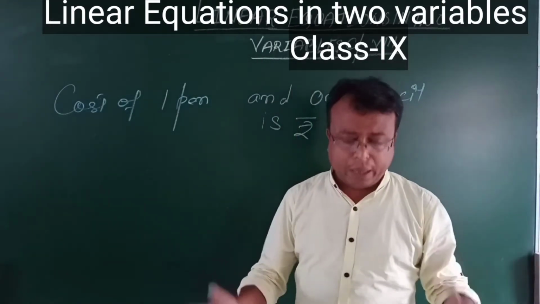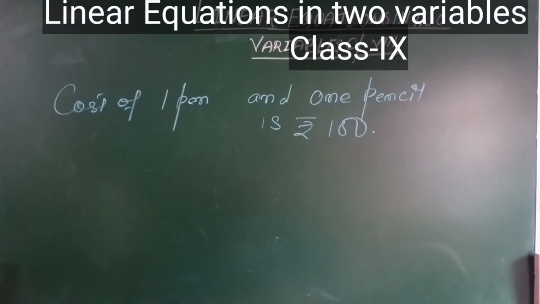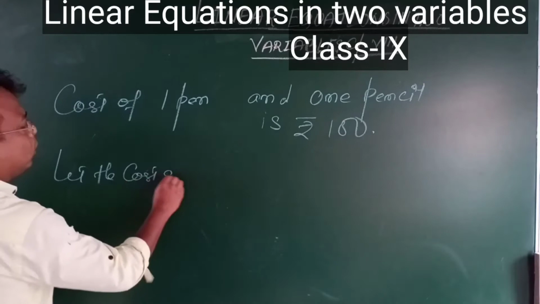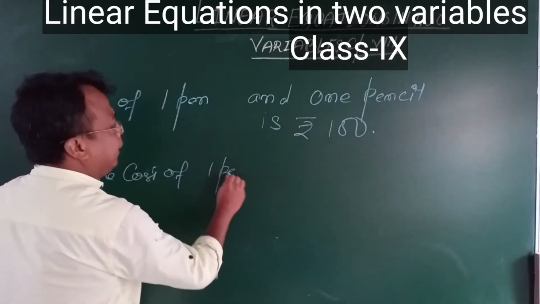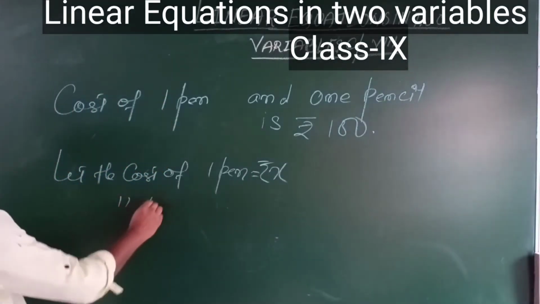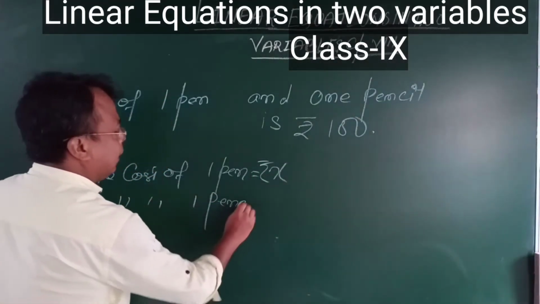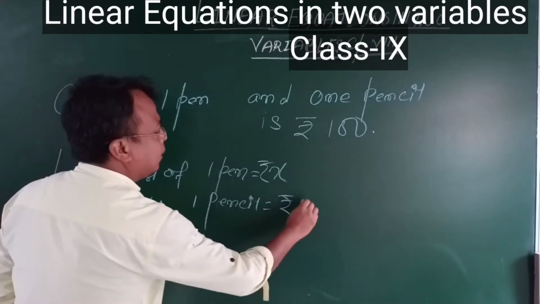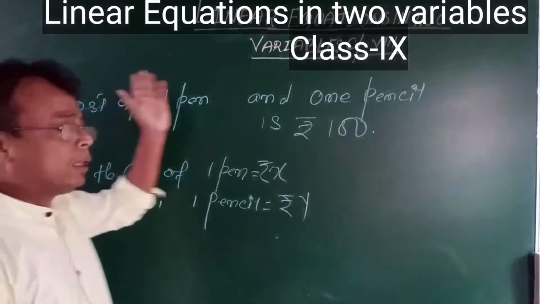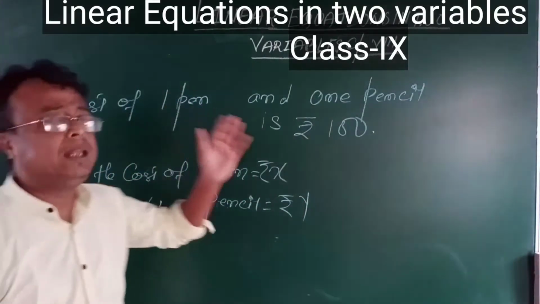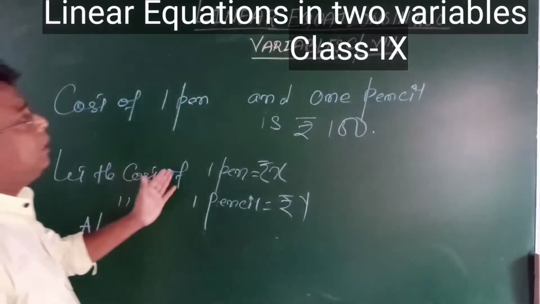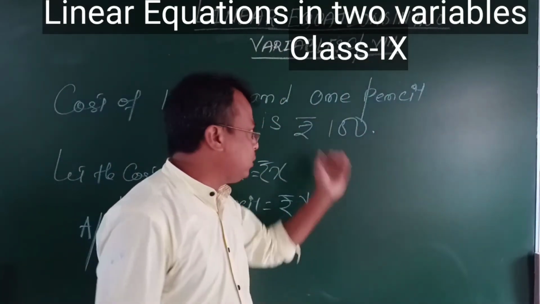In this situation, let the cost of one pen be rupees x and the cost of one pencil be rupees y, because two unknown variables are there. Now the question says the cost of one pen and one pencil is rupees 100.